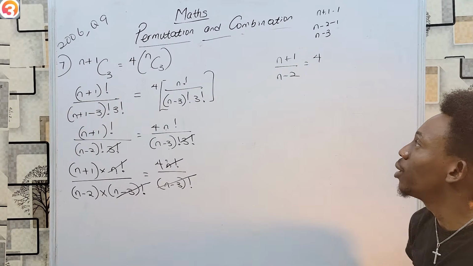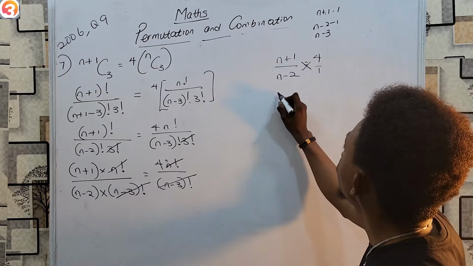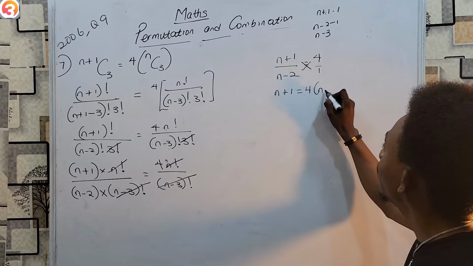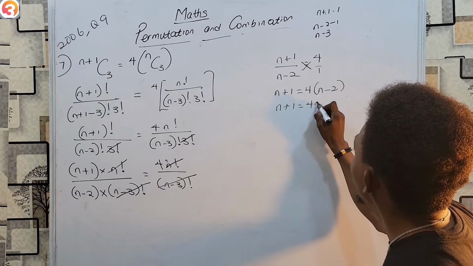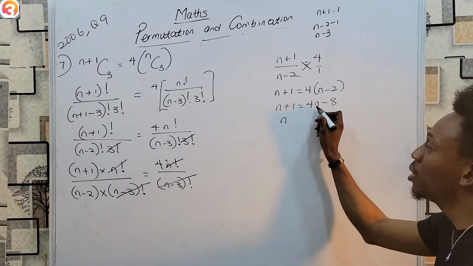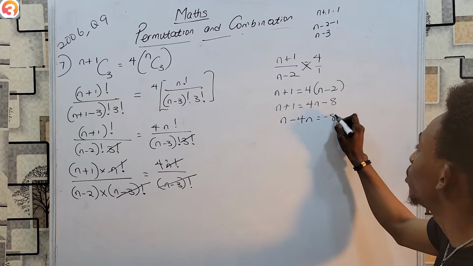And from here we do simple arithmetic, cross multiply. n plus 1 times 1 is n plus 1. This becomes 4 times n minus 2. That will be n plus 1 equals 4n minus 8. And then collect like terms. Let 4n come to the left: n minus 4n equals minus 8.